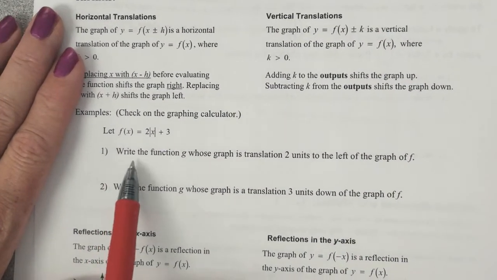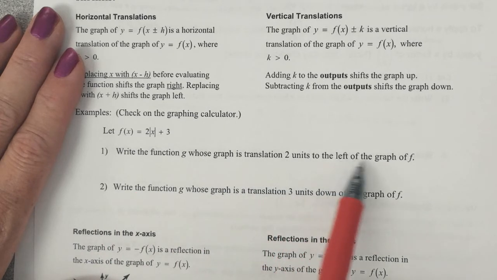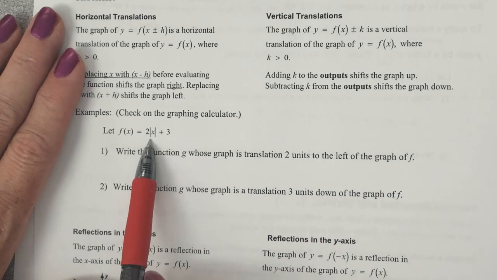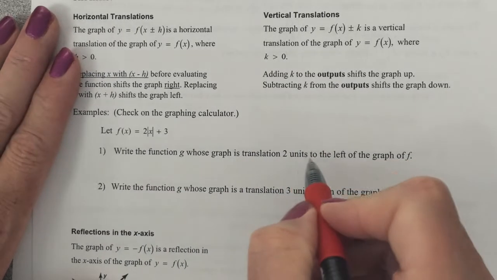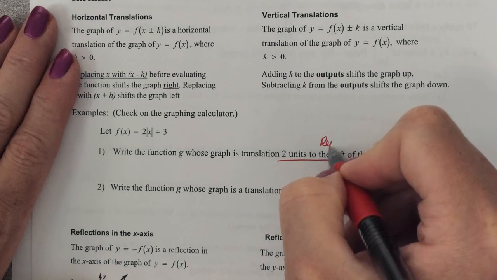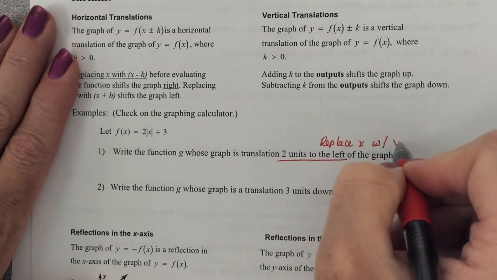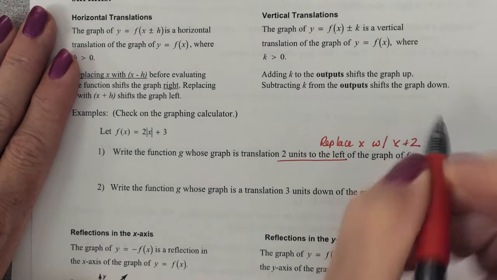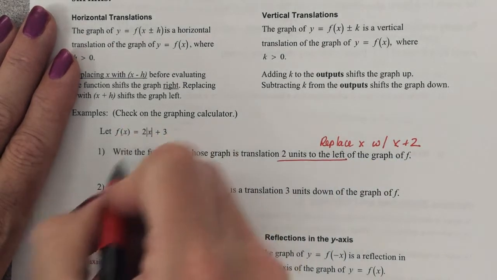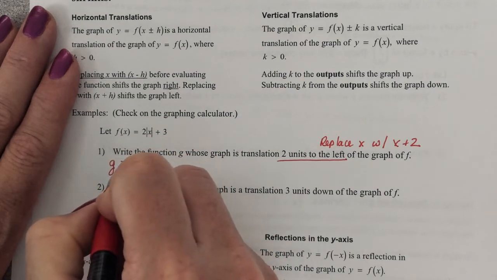Now, it says to write the function g whose graph is a translation 2 units to the left of this function. If I want to go 2 units to the left, to do that, I have to replace x with x plus 2. So I'm going to take this function that I've got, and I'm going to now call it g.